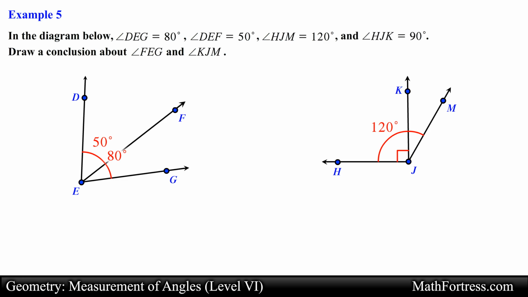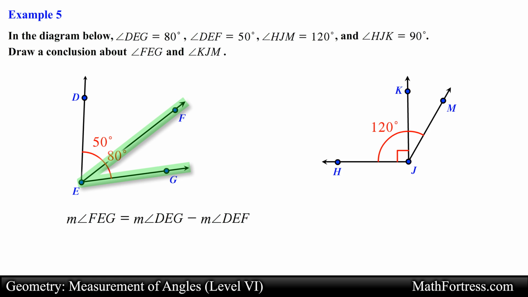Now we need to draw a conclusion between angle FEG and angle KJM. Before we can do this, we need to know the measurement of both of these angles. To determine the measurement of angle FEG, we can take the measurement of angle DEG and subtract the measurement of angle DEF. Doing that, we obtain 30 degrees.